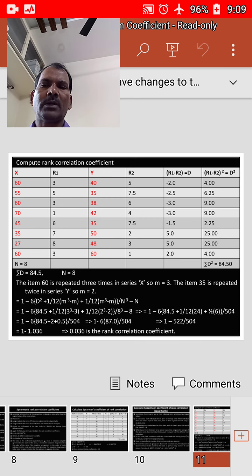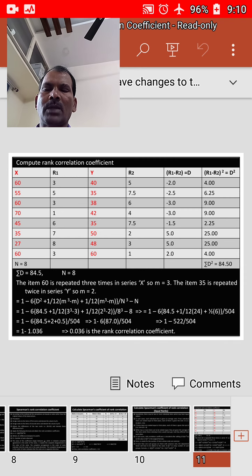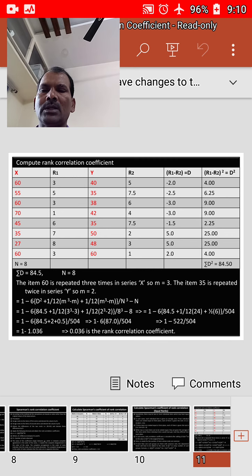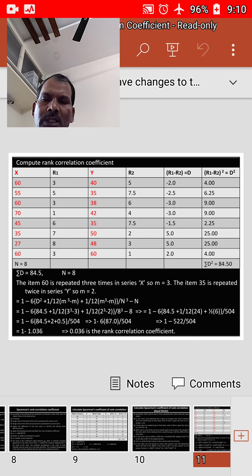If you simplify further, 84.5 plus 2 is 86.5, plus 0.5 is 87. So 6 into 87 by 504. 1 minus 6 into 87 is nothing but 522 by 504. 522 by 504 is 1.036. 1 minus 1.036 is nothing but minus 0.036.